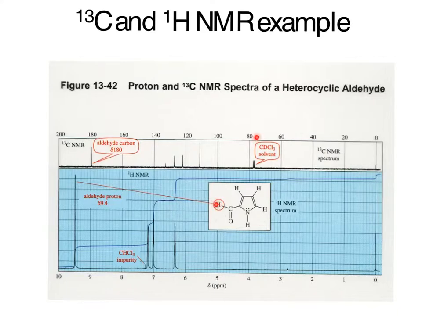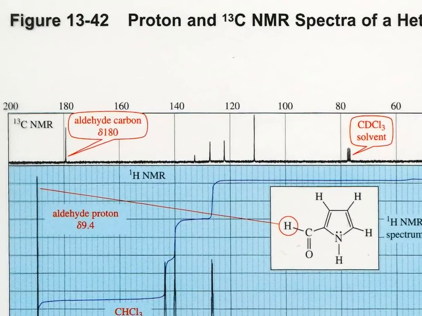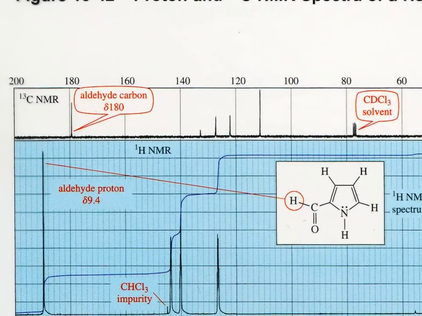But now what I'd like to do is expand that and look at the carbon NMR. All right, so here we go. And if we look, we have our 3 carbons, actually 4 carbons now, of our aromatic ring, which should show up in the aromatic region. And there they are, 4 carbons in the aromatic region.